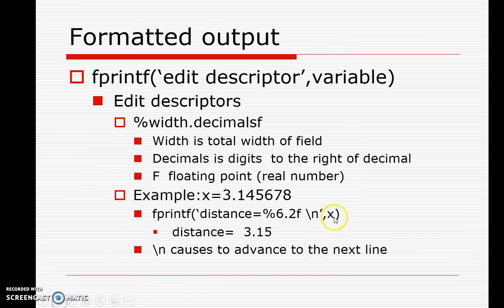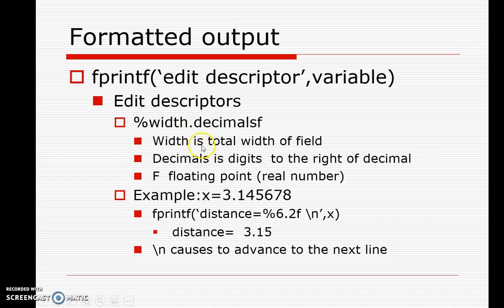Okay? Now we also have better control over our output, and that's with the fprintf command. It has two parts. It has what we call an edit descriptor and then a variable list. The edit descriptor can include text, which will come out just like it is, and then how you want numbers or whatever's in the variables printed.